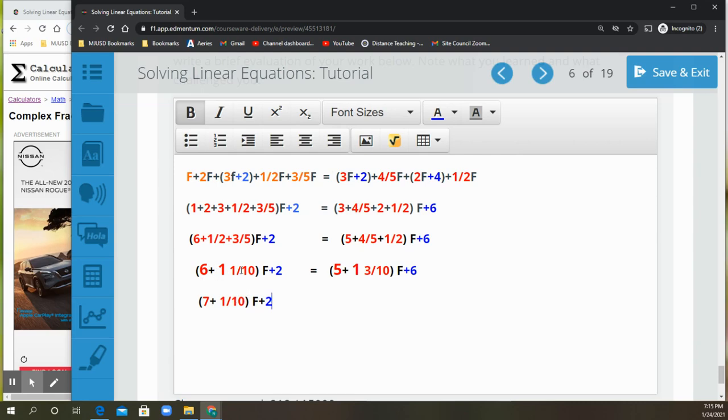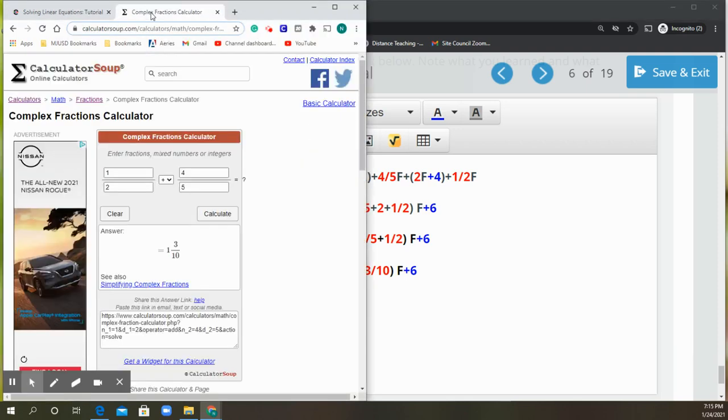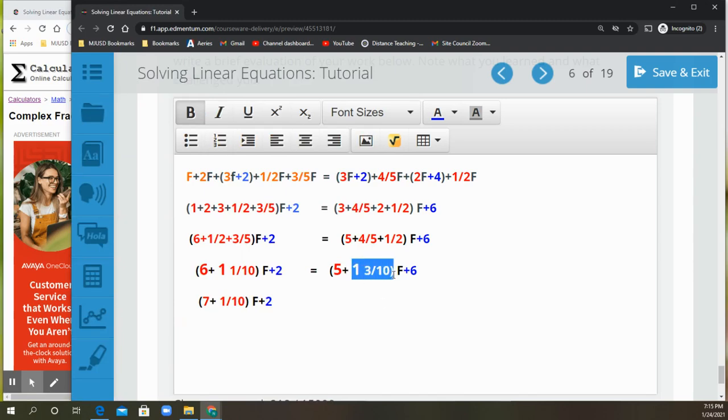Okay, so then it just keeps getting simpler and simpler. All we're doing is putting things together, adding them together, doing the fractions math. I used the fraction calculator to get these terms, and that's all we're doing.